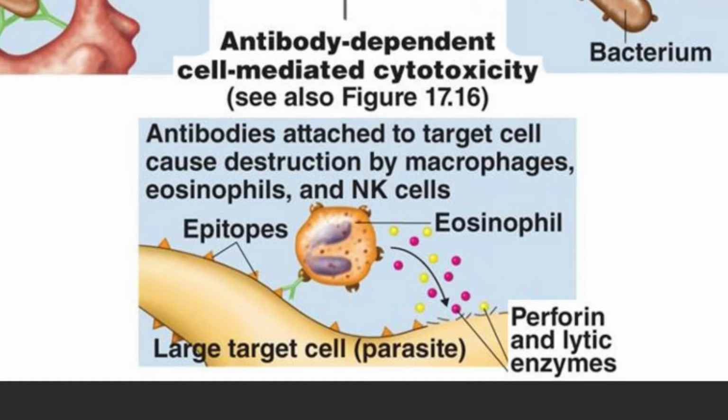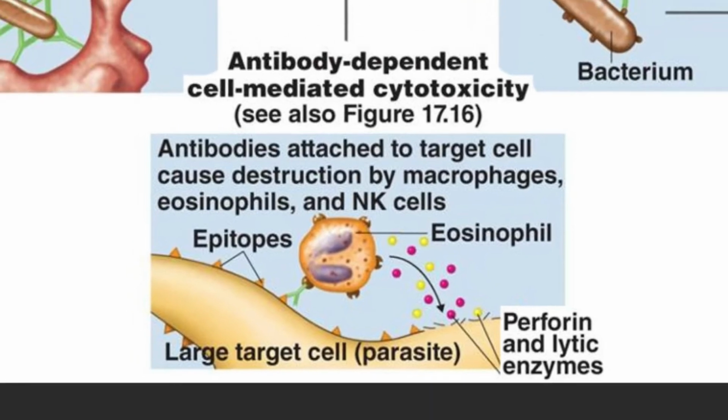antibody, and that causes the eosinophil to release different lytic enzymes, perforins, and things like that, which actually digest the cell wall or cell membrane of the large parasite, which kills it, and then that will allow the macrophages and the dendritic cells to come into the area and to eat the pieces of the large parasite that are left over.